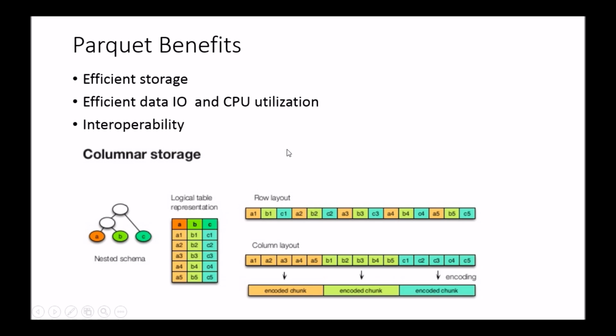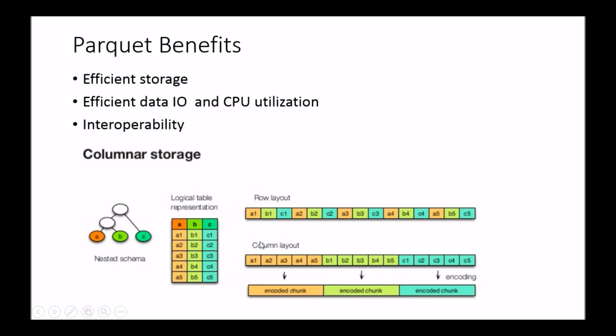And while this might seem okay at first, the way Parquet or a columnar layout addresses that is it actually stores all the values of one column before storing the next column.